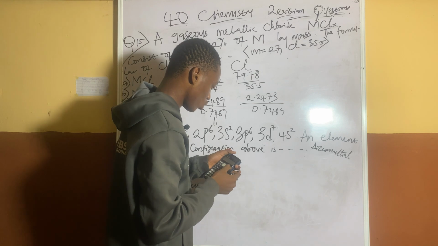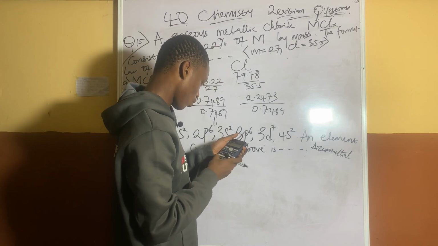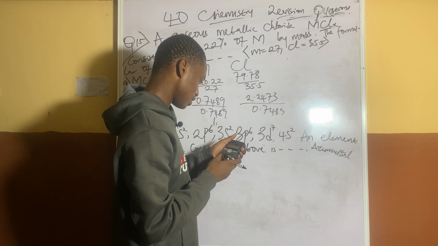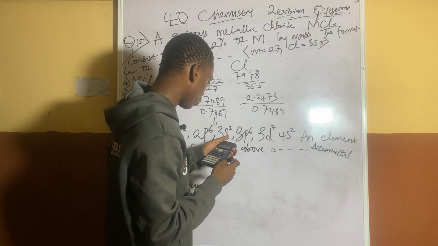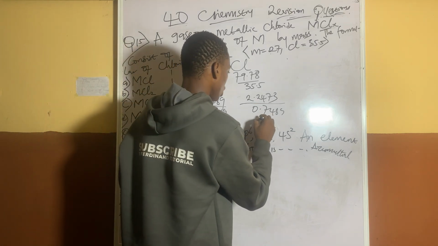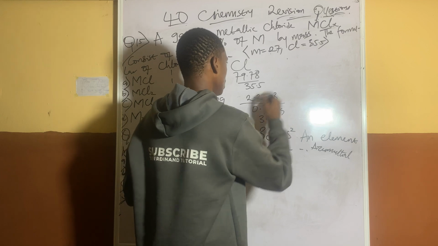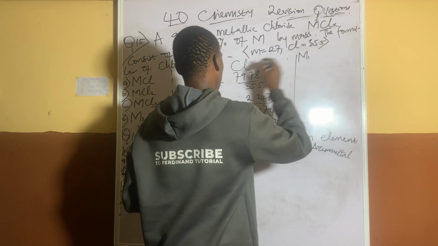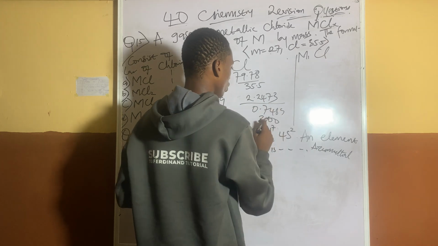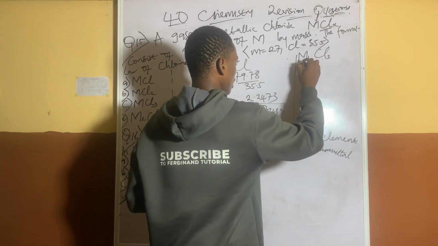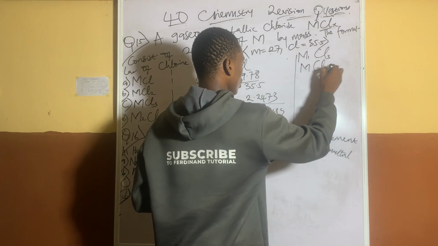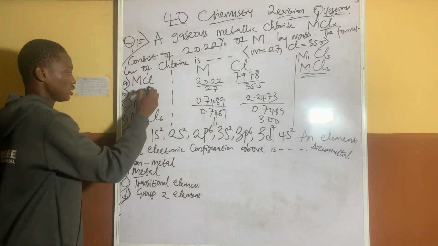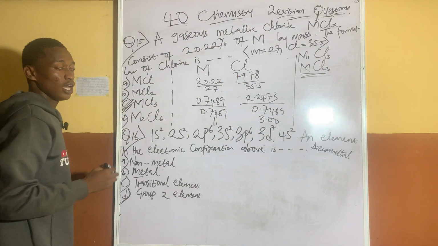And 2.2473 all over 0.7489, we have 3.00. So anywhere I see M, this is M1. Cl, how many moles? 3. This is the same thing as MCl3. This is the formula, which is option C, MCl3.